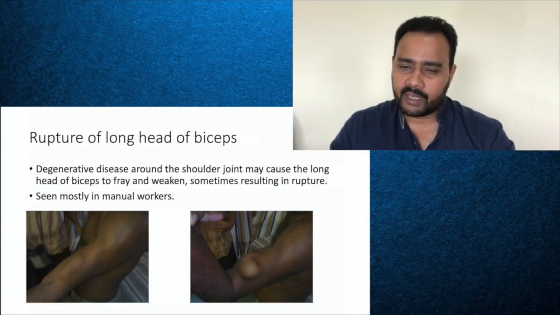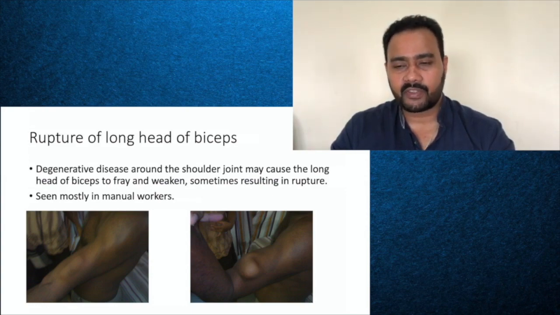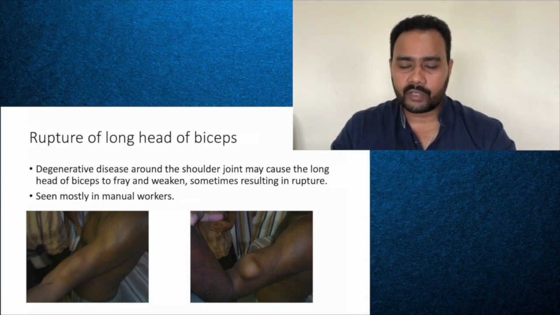But whenever they flex the arm, then they will see an obvious spherical lump in this region compared to the opposite side, with a groove in the anterior proximal part, which indicates a rupture of the long head of biceps.